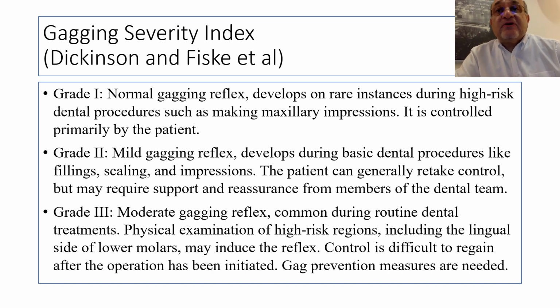Now we're talking about the floor of the mouth, and it may induce this reflex plus the aforementioned areas. Control is difficult in these areas once the operation has initiated, and there must be some gag reflex control methods that we will mention as we proceed in the slides.